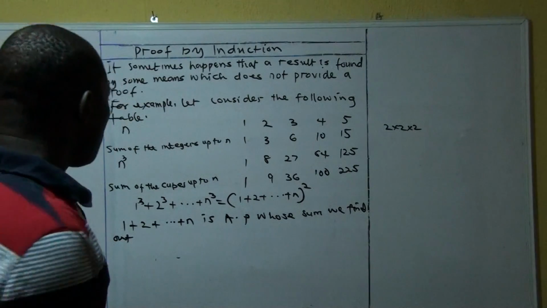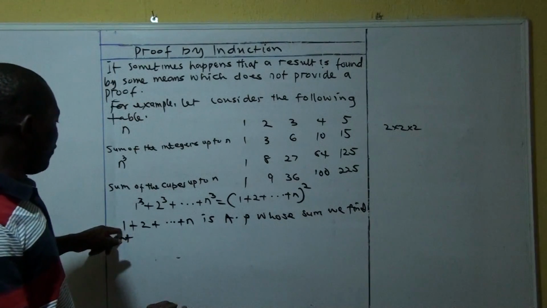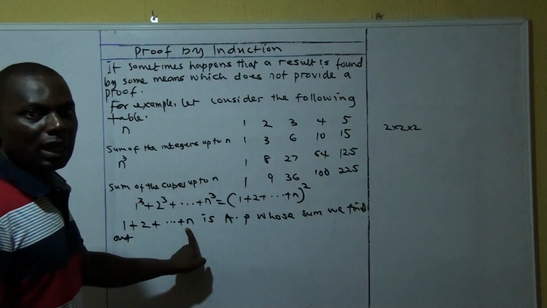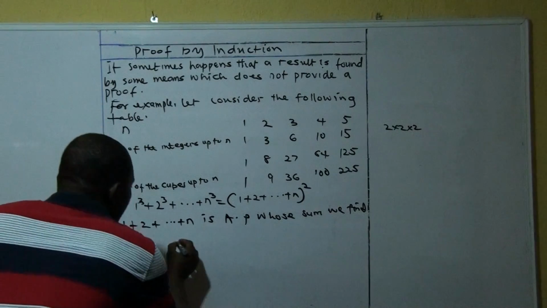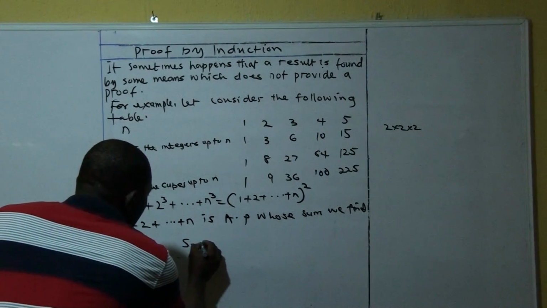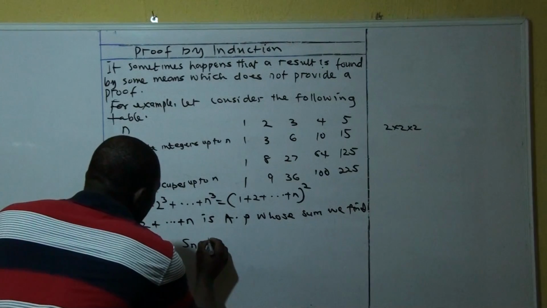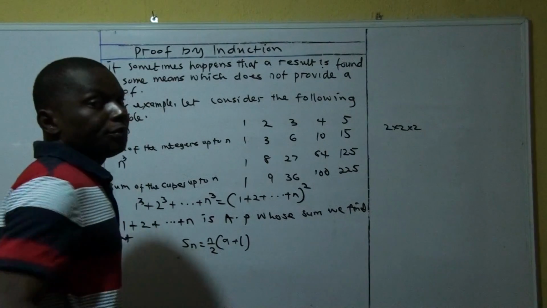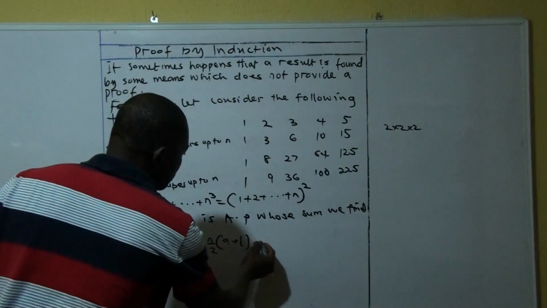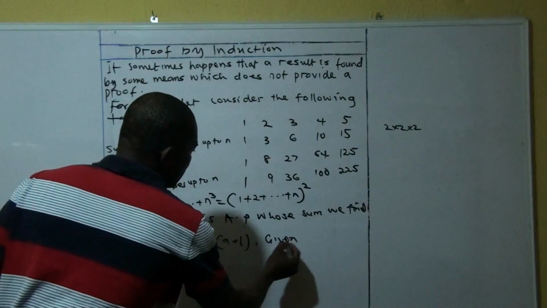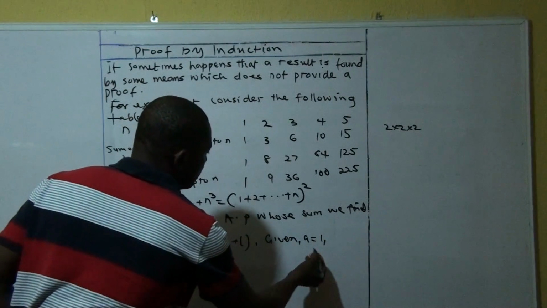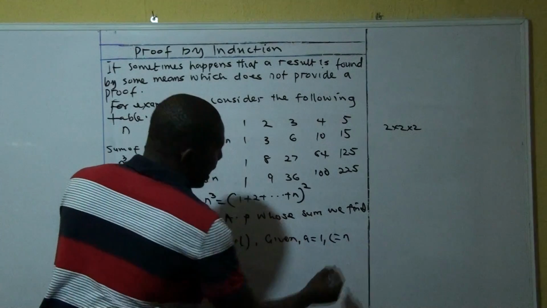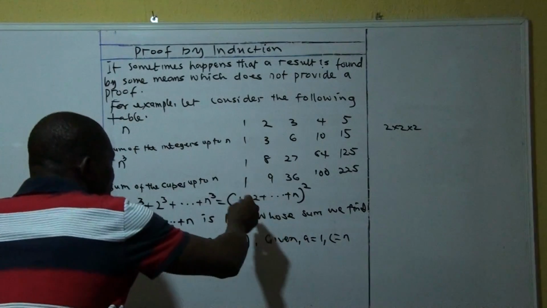Now, this AP has the first term, the second term, then up to the last term. The last term here is n, and we know that if we have an AP, Sn, the formula is n over 2, open bracket, a plus what? L. Now here, a is 1 and L is equal to what? n.